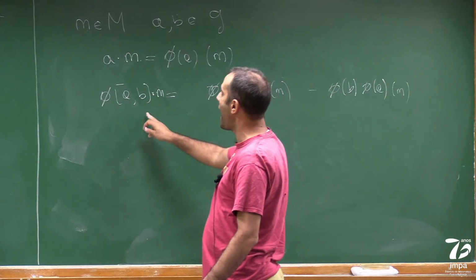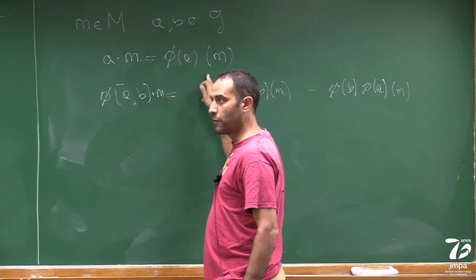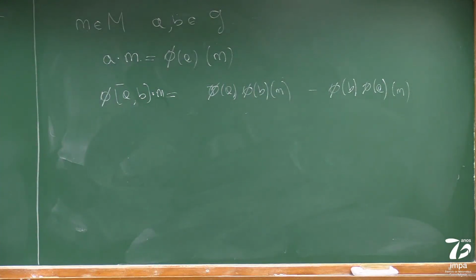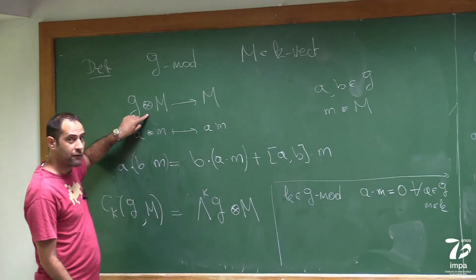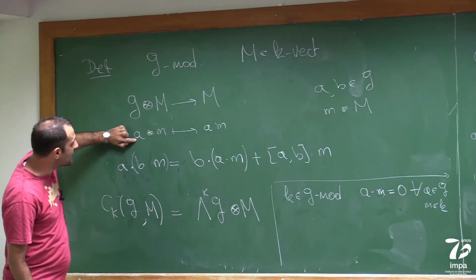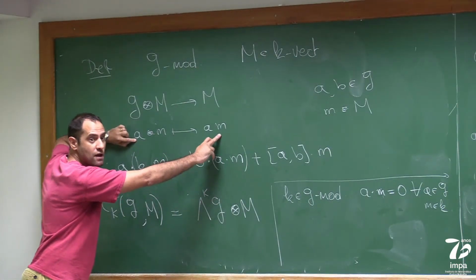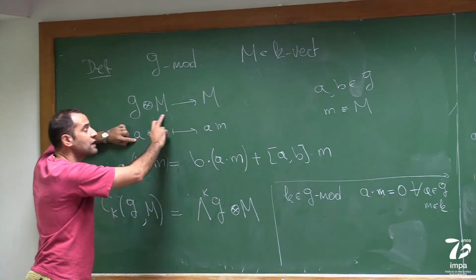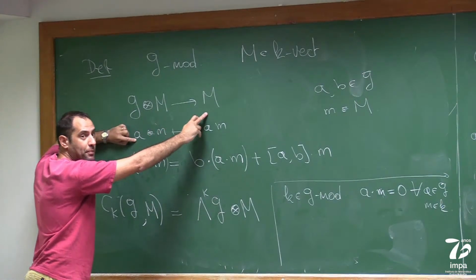Conversely, if you have the definition of a module like that, there's an extra condition here that this map was bilinear. This is a linear map from the tensor product to here. So the universal property of the tensor product says that if I fix A, this map here is linear on M. It's a bilinear map.